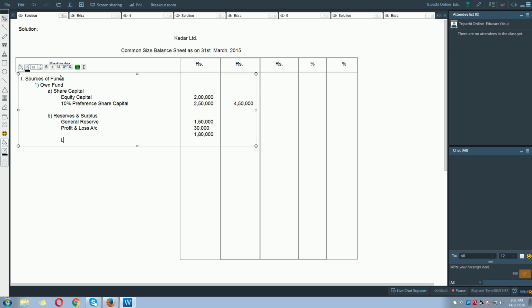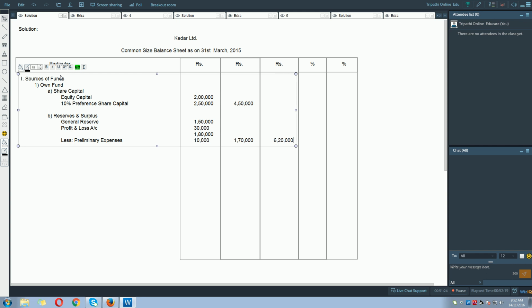Then B, reserves and surplus. In this, general reserve 1,50,000, profit and loss account 30,000.